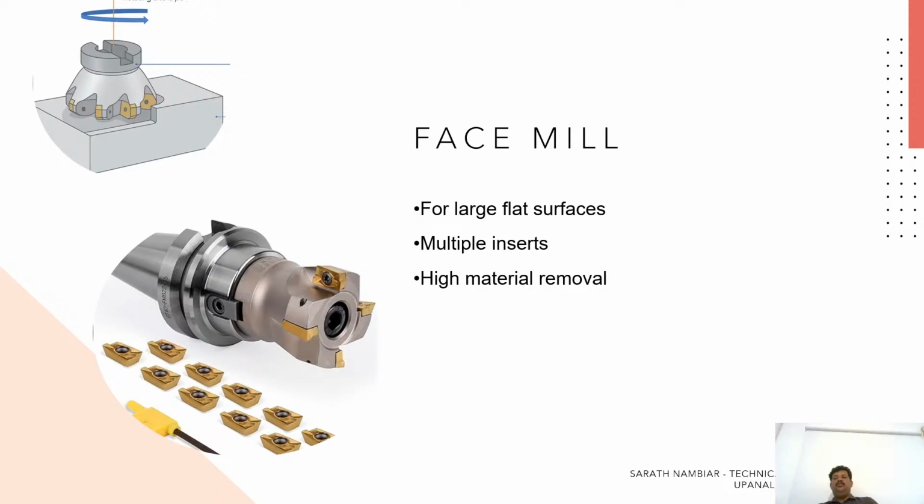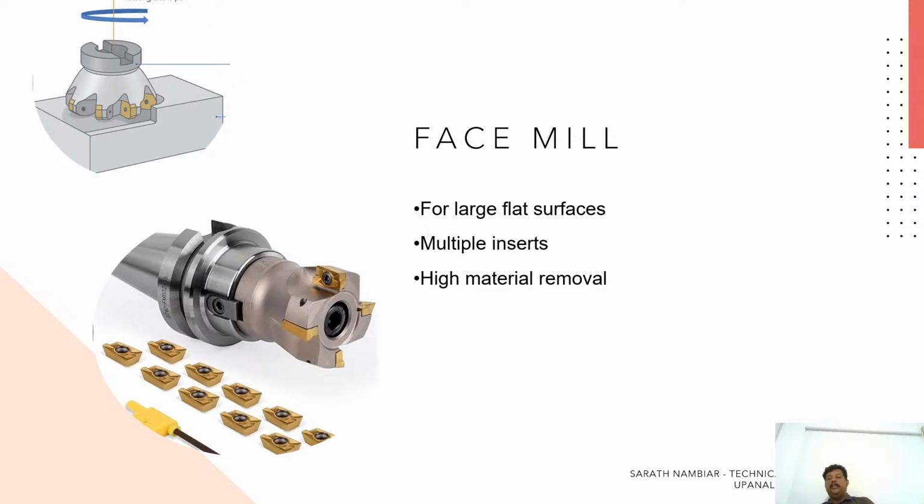Next, we move to the face mill. This tool is used to machine large flat surfaces. Instead of one cutting edge, this tool has multiple inserts, so many cutting edges are working together. This means that machining is faster, productivity is better, all those things.